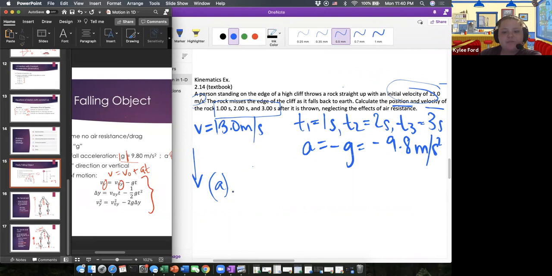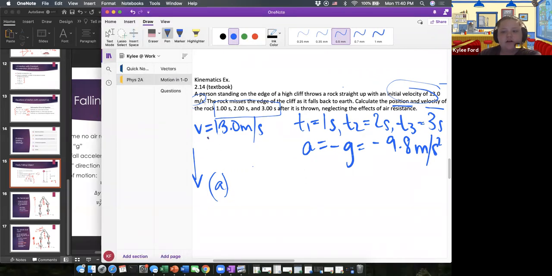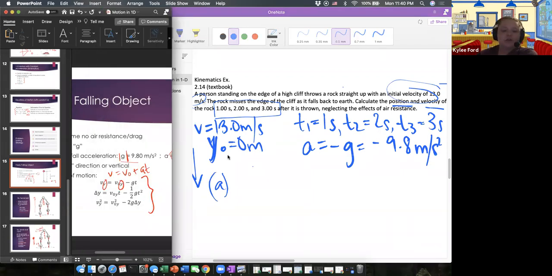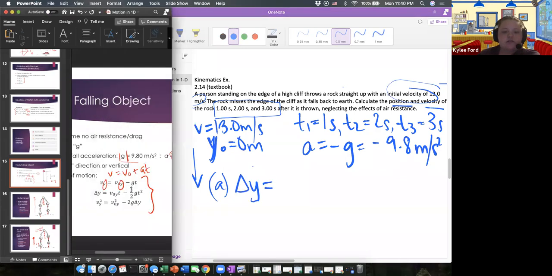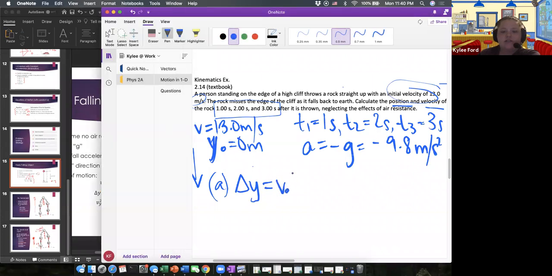We can say our initial position, y initial, is 0 meters. We can use our second equation here, delta y equals v naught t plus 1/2 a t squared.